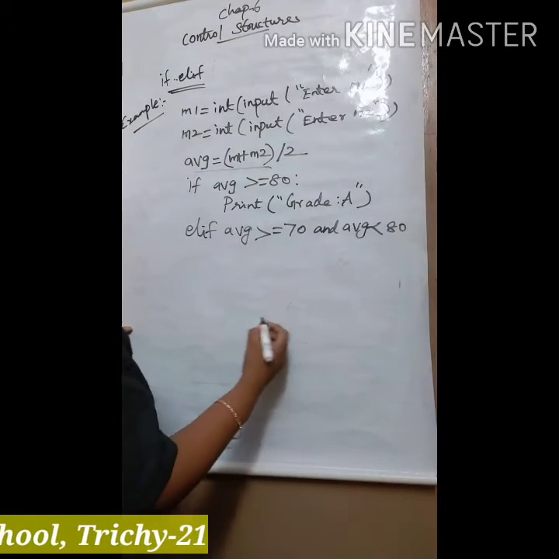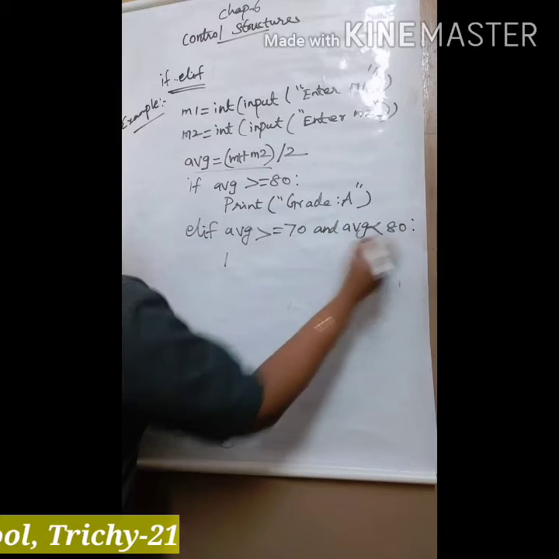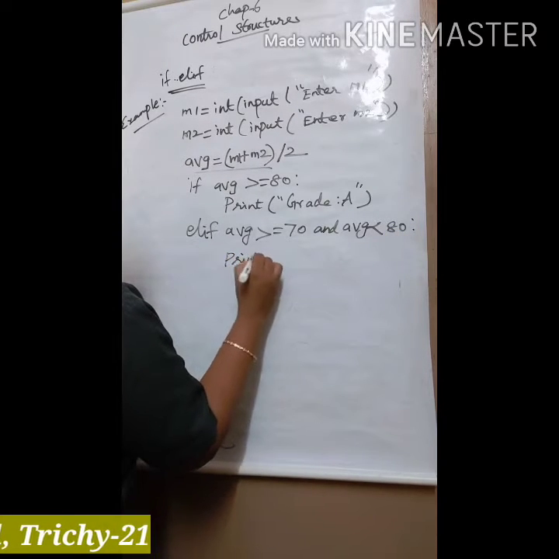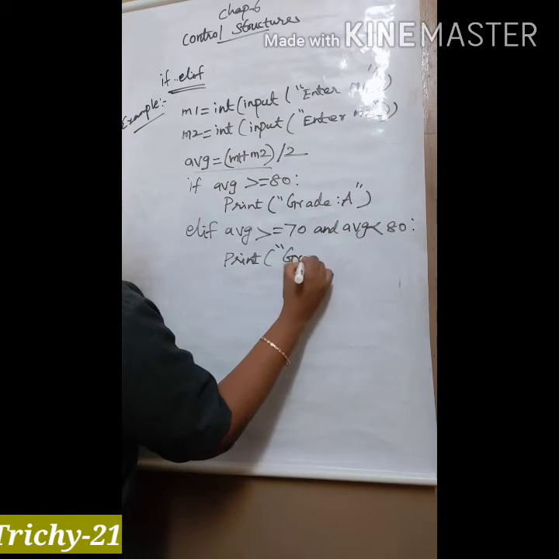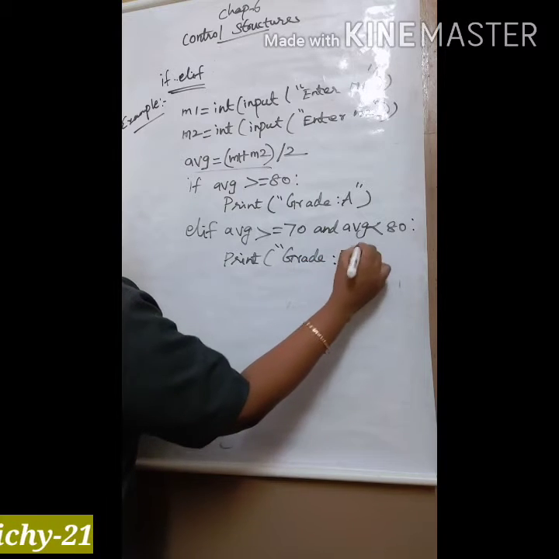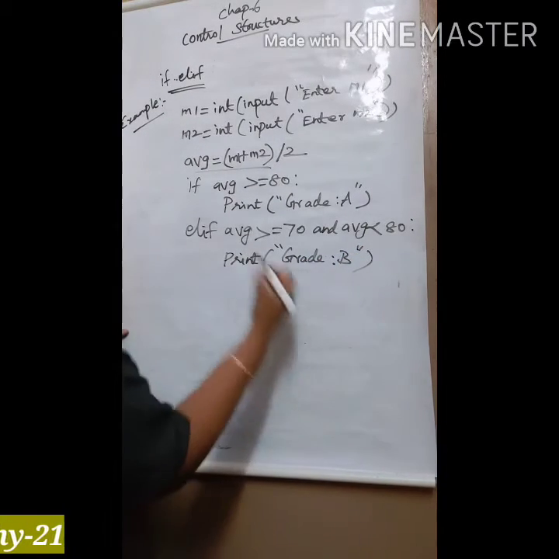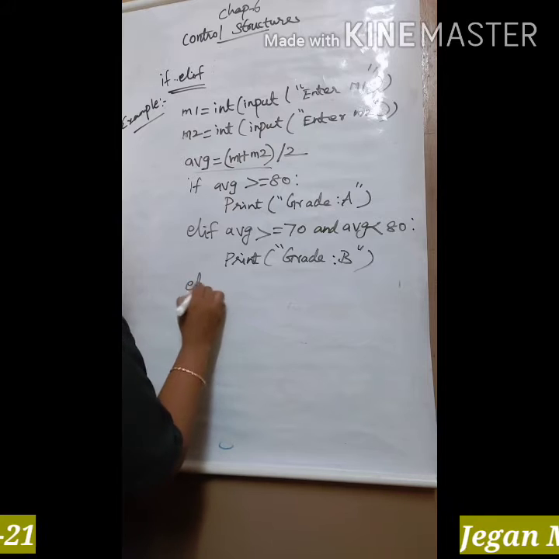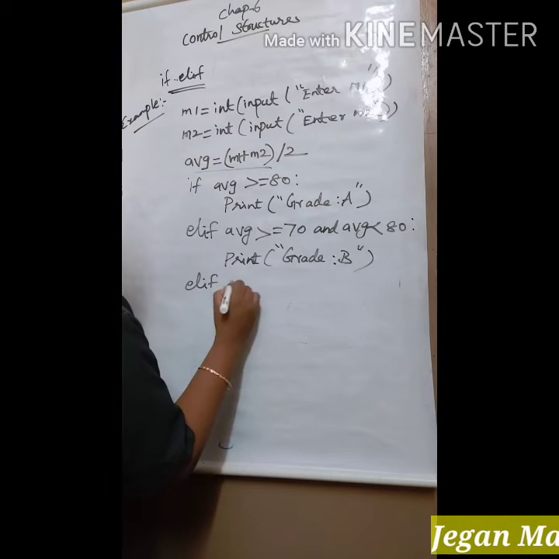Here it checks the condition. Again, if the condition is true, it prints grade B. Next, if the condition is false, again I am going to follow another elif statement.